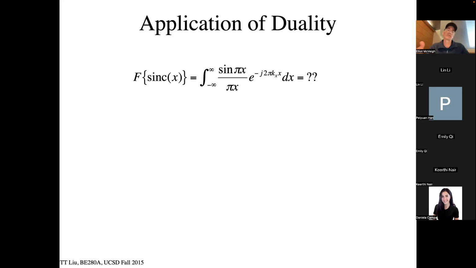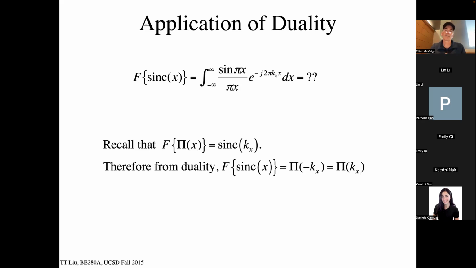Using this duality, you can figure out what the Fourier transforms are for many functions. So officially, the Fourier transform of the sinc function is the rectangle function with the argument flipped. But for the rect function, it doesn't matter that you flip the argument. It's the same function.